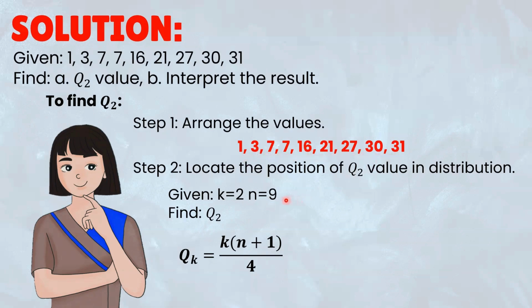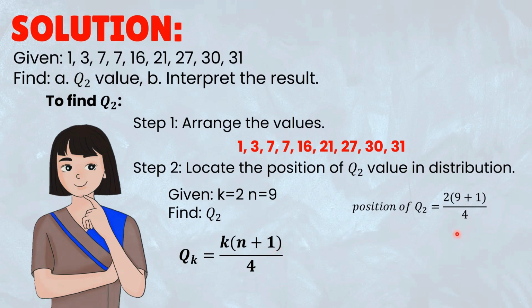Okay, let's now substitute the given to our formula. So, position of quartile 2 is equal to, we replace k by 2, and then we replace n by 9. Then copy the rest of the formula: plus 1 over 4.